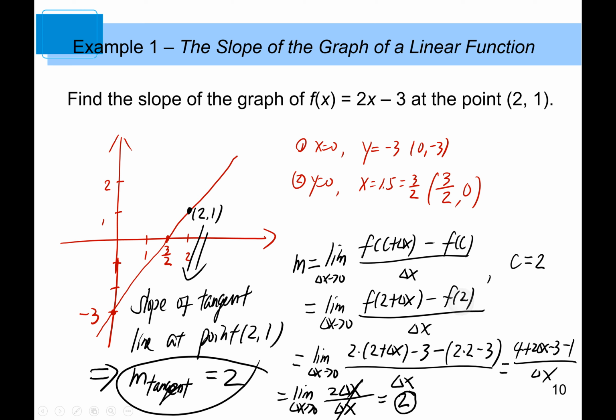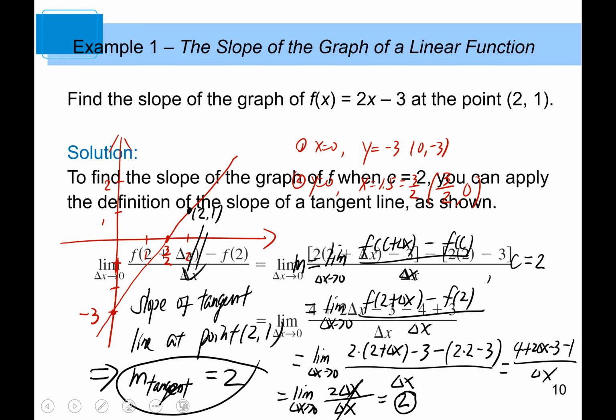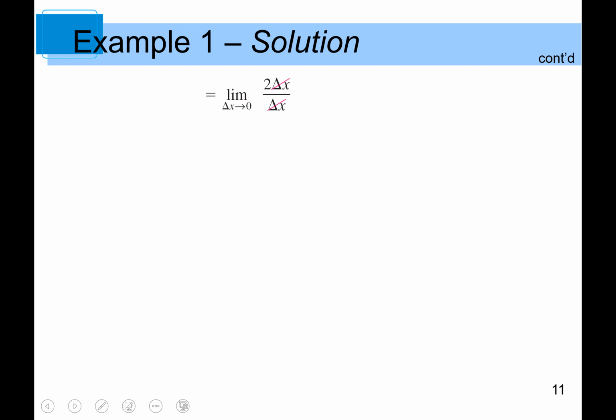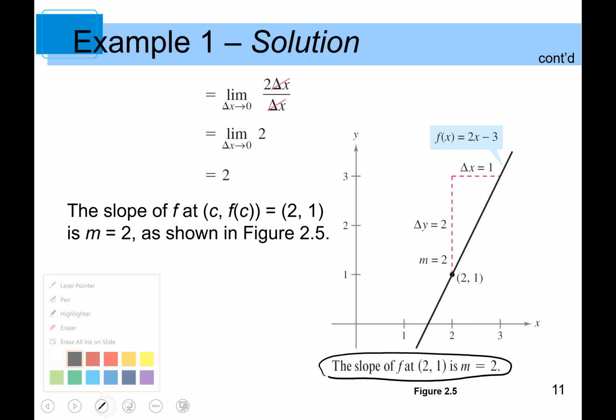Okay, so that's a detailed solution. You can take a look at the PowerPoint, which has more detailed solutions if that helps. So the slope at 2, 1 is equal to 2.